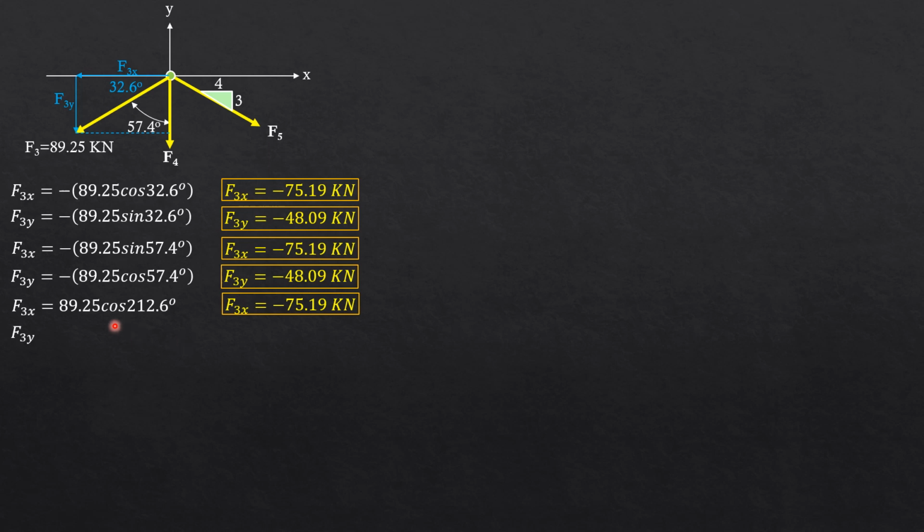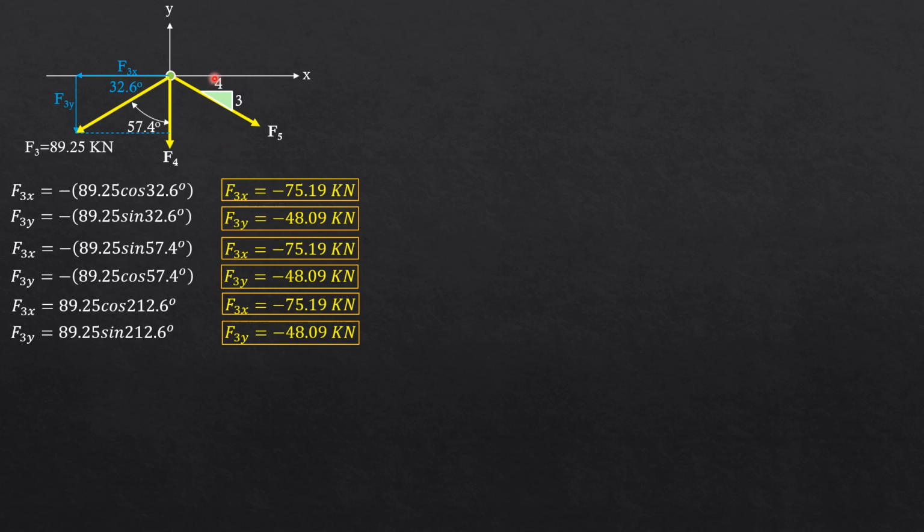F3y is 89.25 sine of 212.6 degrees. So it is equal to negative 48.09 kilonewtons. In terms of the negative angle, negative 90 and negative 57.4, that's negative 147.4. I will leave that to you to show that these are really the components.